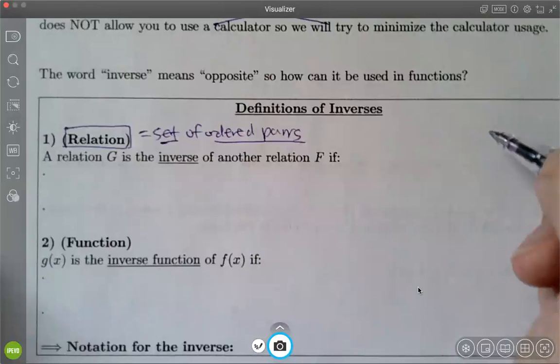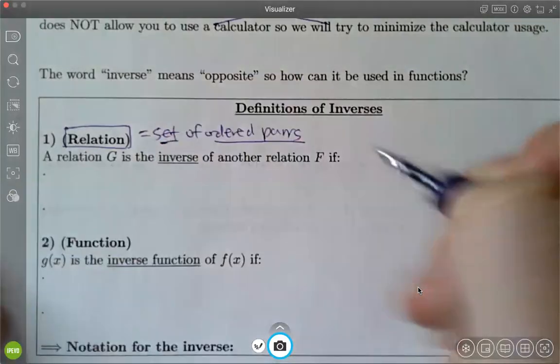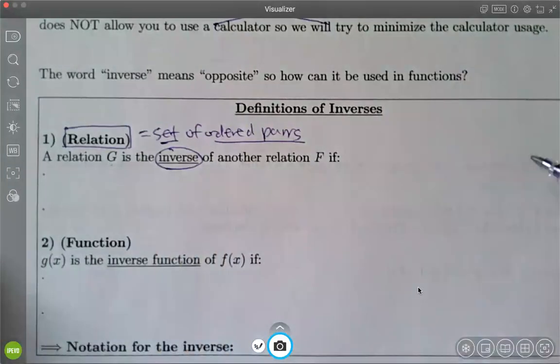So now a relation, the name is G, capital letter G, is the inverse of another relation, namely capital F, if it satisfies these two conditions at the same time.